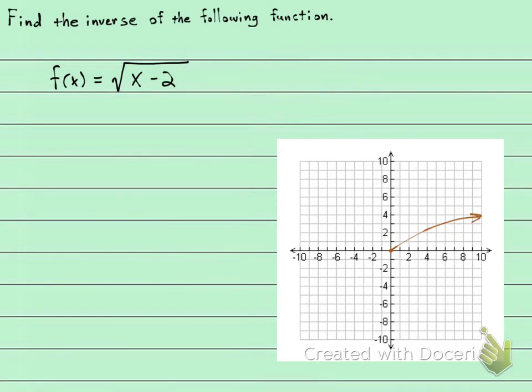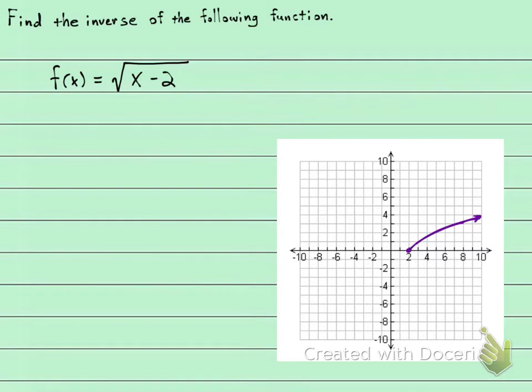And I do have a transformation. This is moving 2. It belongs to the x, so it's going to move on the x-axis. And since it's a minus 2, it will move 2 to the right. So this is what that graph looks like. Okay, that is the graph of the square root of x minus 2.